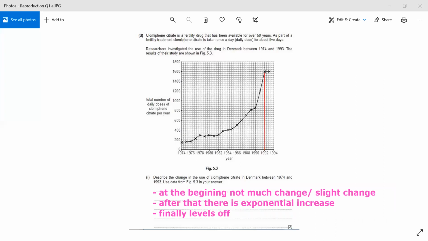Where you have to give the data code, you can give the timeline about 1992, where you can see about 1600 daily doses. 1600 daily doses, right? And the unit is very, very important. So this is how we are going to answer this data question.